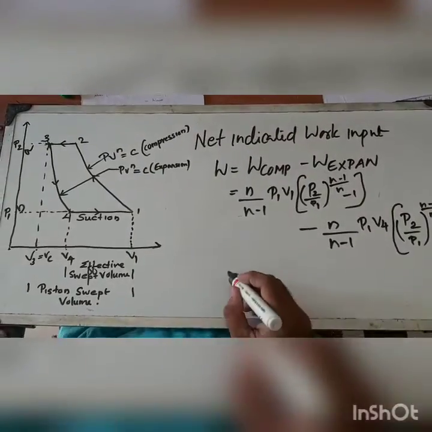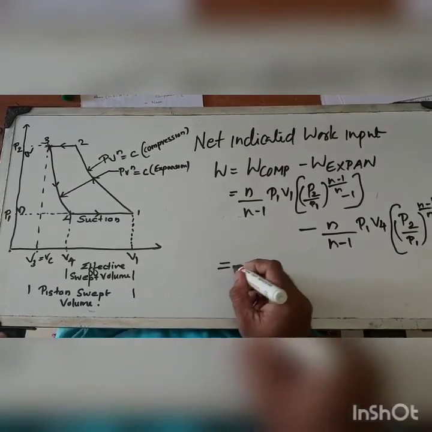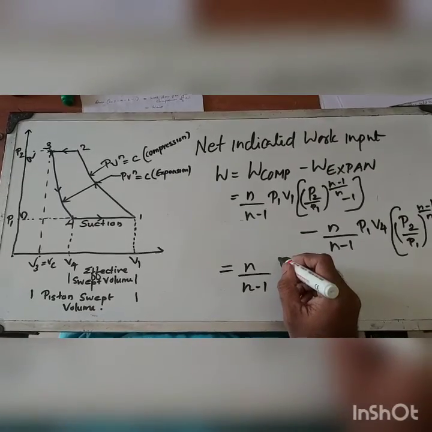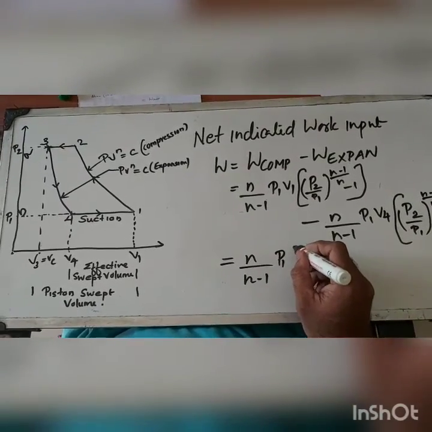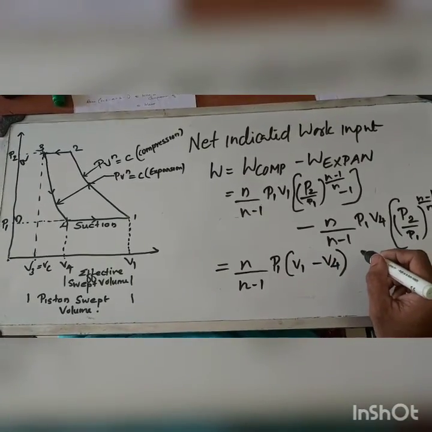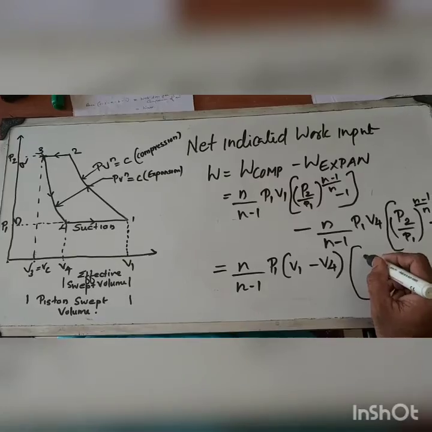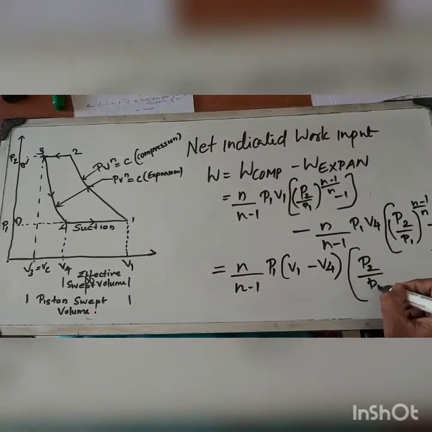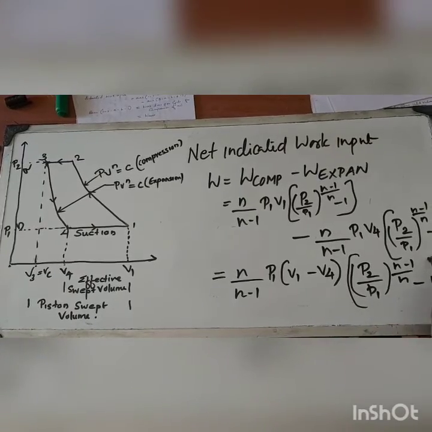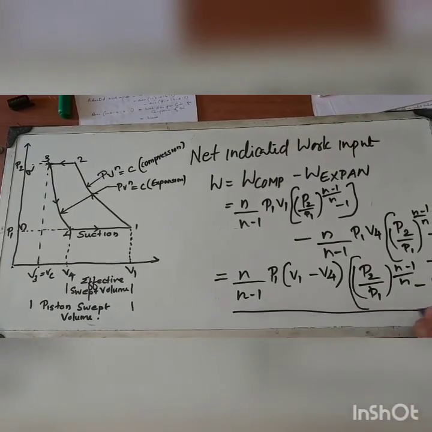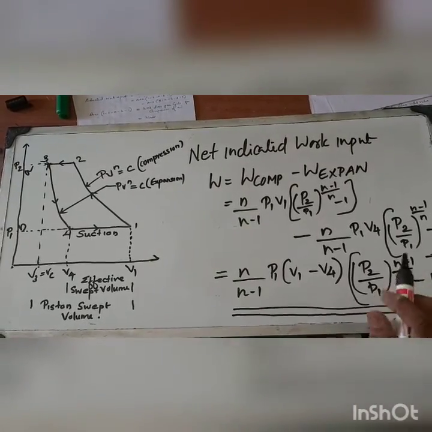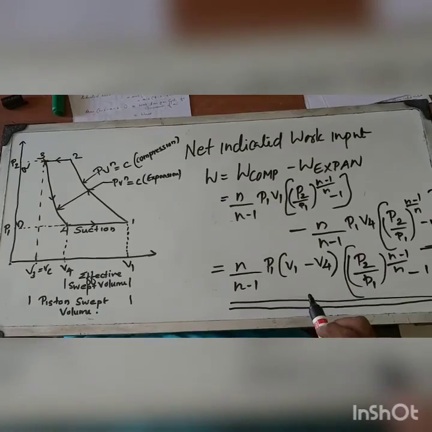So the equation becomes n by n minus 1 into P1 into (V1 minus V4) into (P2 by P1) all raised to (n minus 1) by n, minus 1. This is the equation for indicated work input considering the effect of clearance volume.